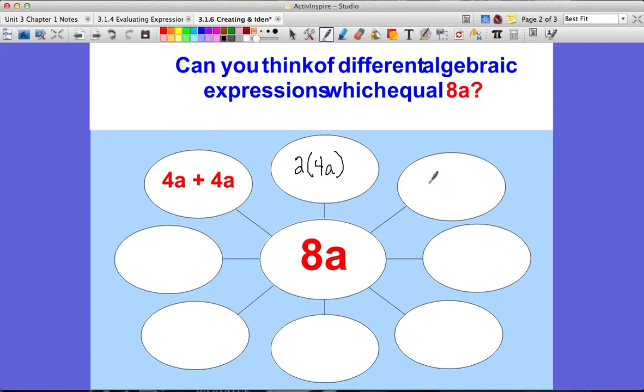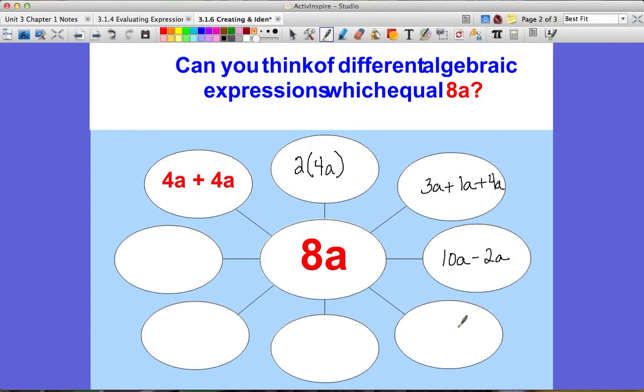I could break it into different like terms and make it 3a plus 1a plus 4a. I could split it into 10a minus 2a. So we're just finding different ways to get to that 8a.